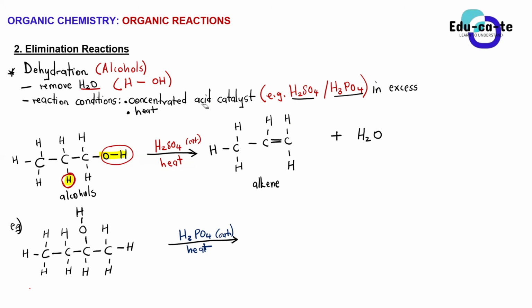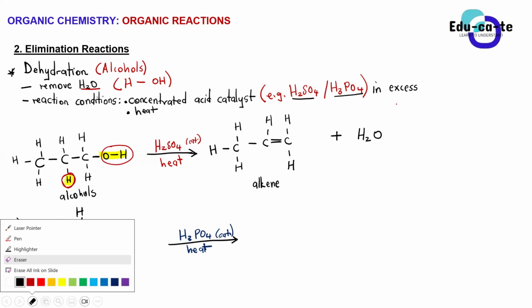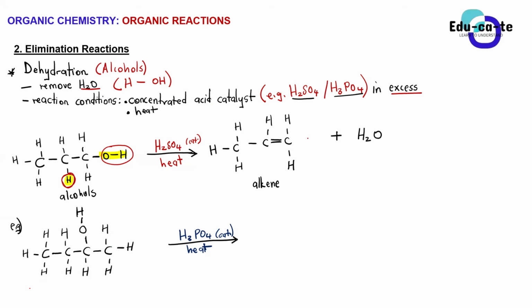These are concentrated acid catalysts, and you need an excess amount of those. So there must be a lot of sulfuric acid, H2SO4, or a lot of phosphoric acid, H3PO4. It acts as a catalyst. Remember, a catalyst, guys, increases the rate of the reaction without getting used up.